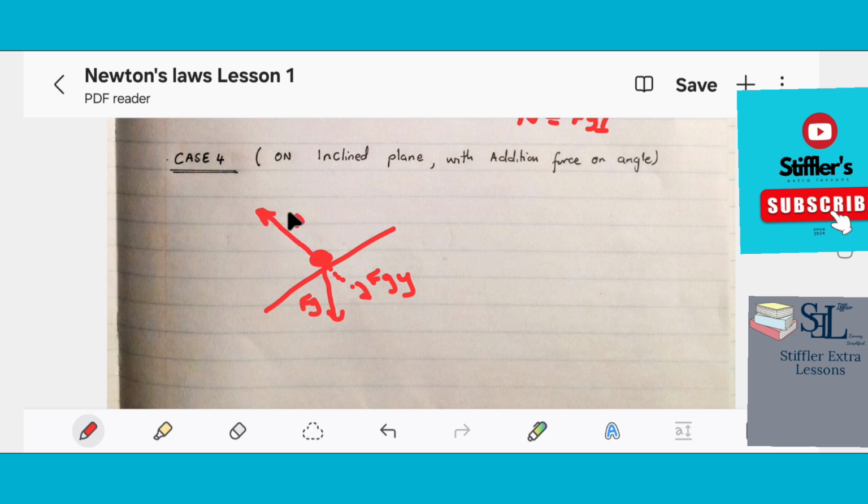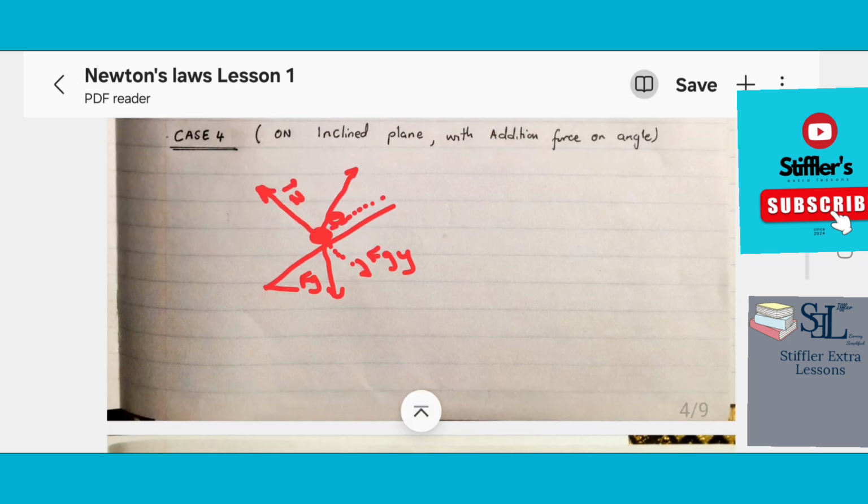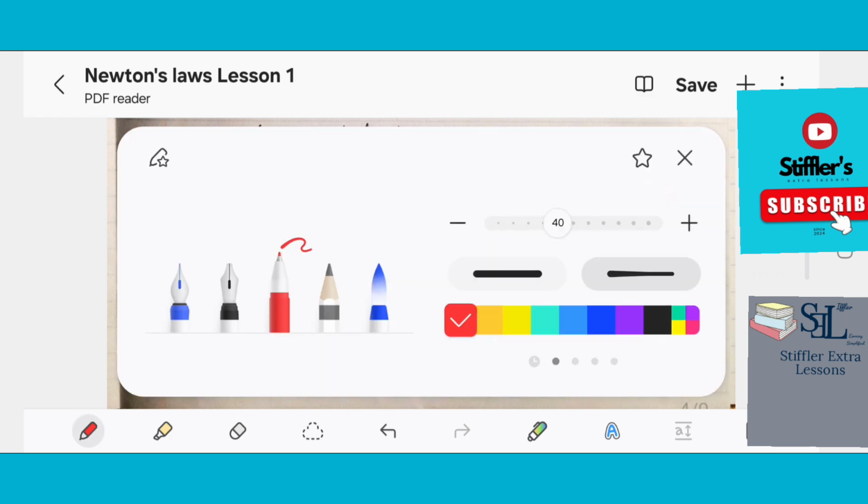So this is our normal force like that. Maybe let's say we have another force that is acting at an angle theta. This situation is a bit complex, so let's break this bit by bit to see how we can deal with this one.